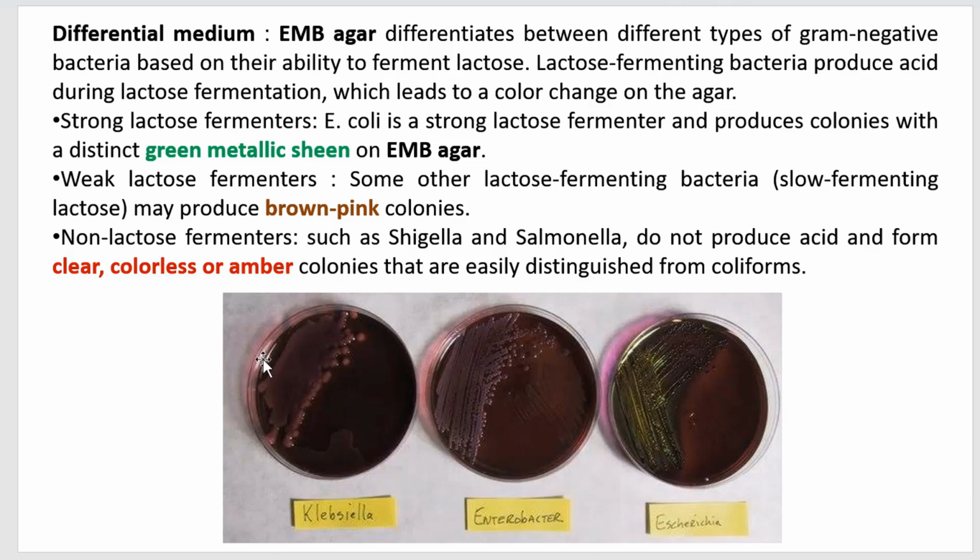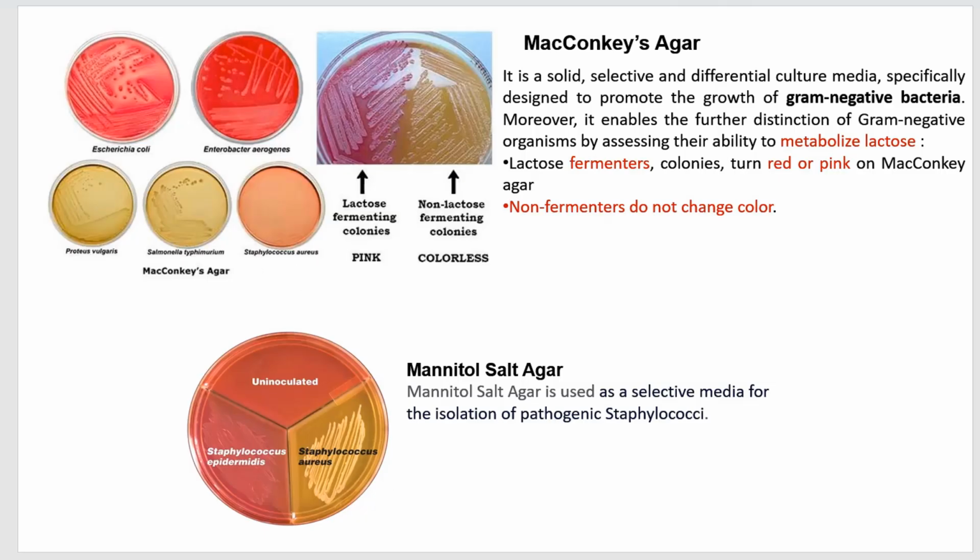Say you take a sample from a water body or soil and you streak that sample on this EMB agar. Then you can differentiate between different kinds of bacteria based on the color that appears on the agar. Lastly, the other type of agar which the question talks about is the MacConkey agar.